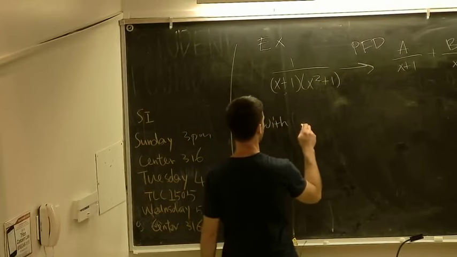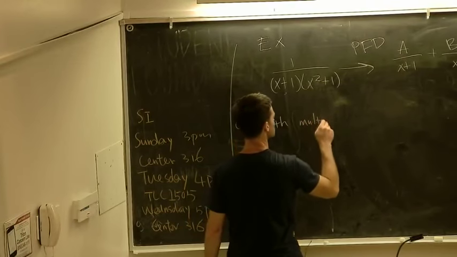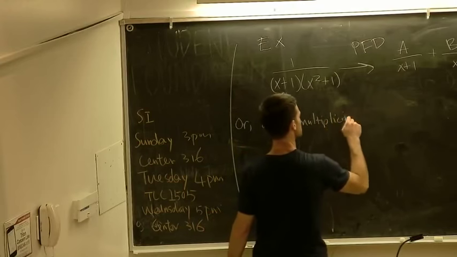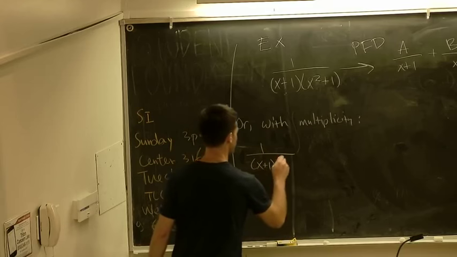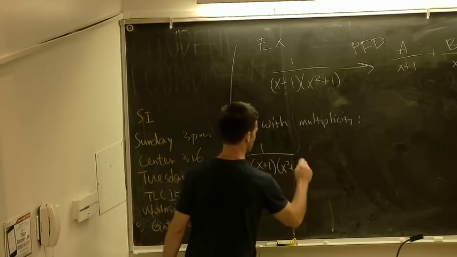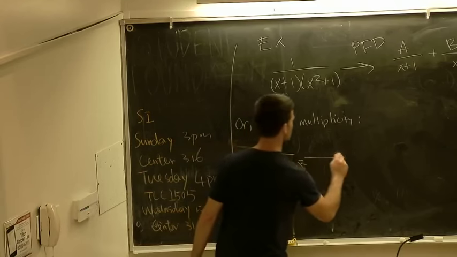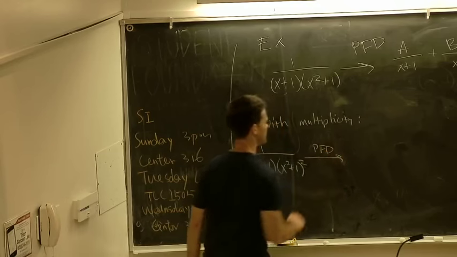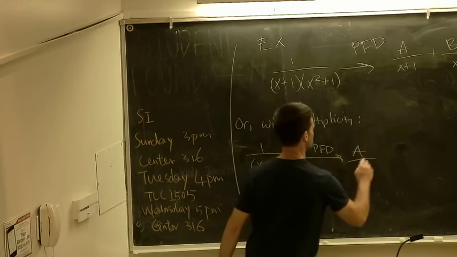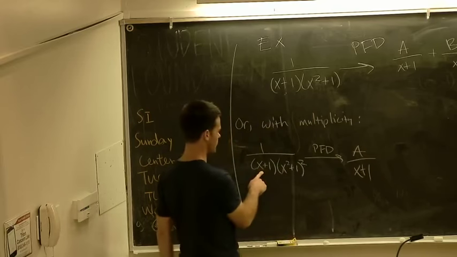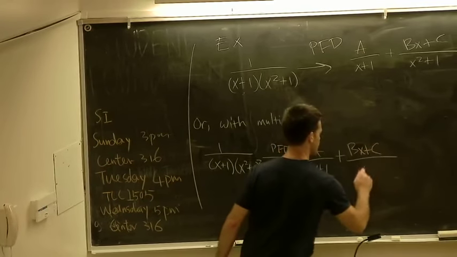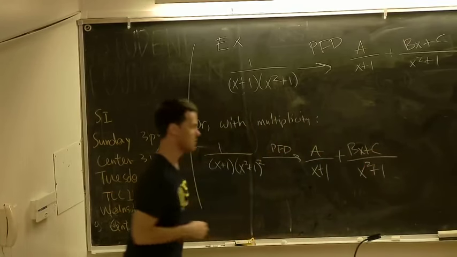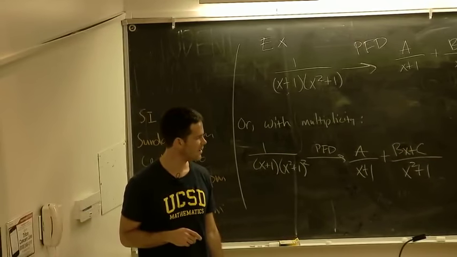Or how about an example with multiplicity? So 1 over x plus 1, x squared plus 1 squared would have a partial fraction decomposition of, all right, as usual, a over this guy, and then let's say bx plus c over x squared plus 1.